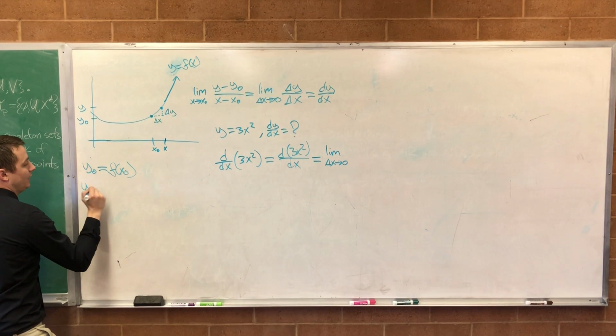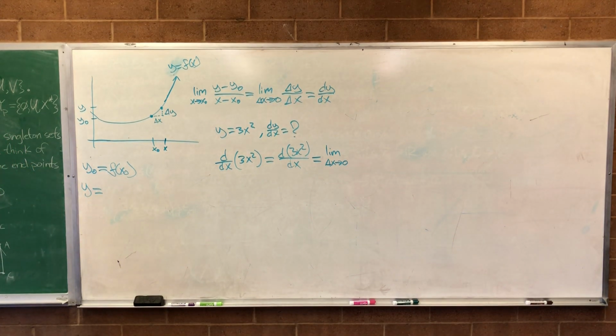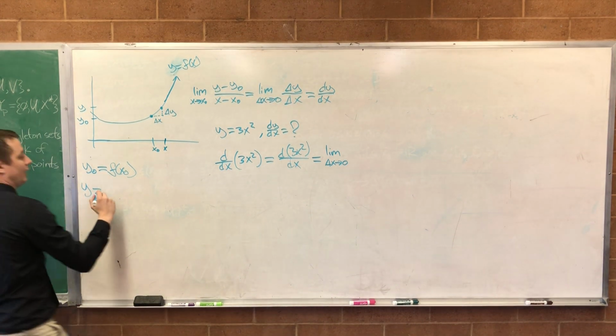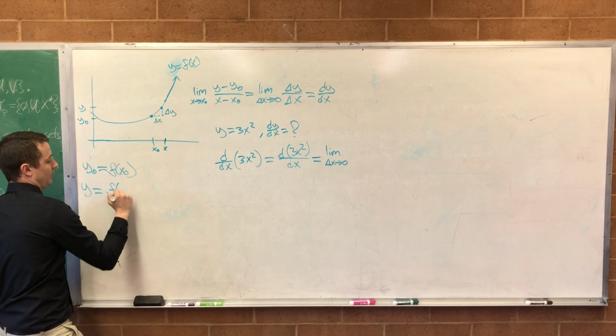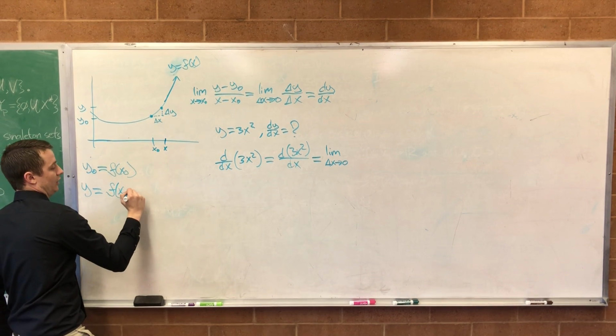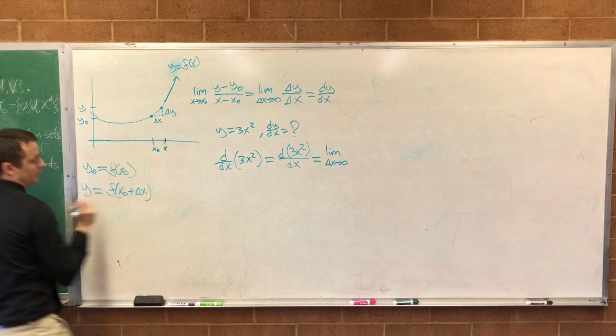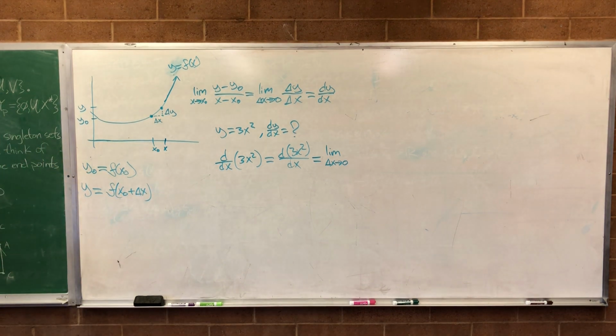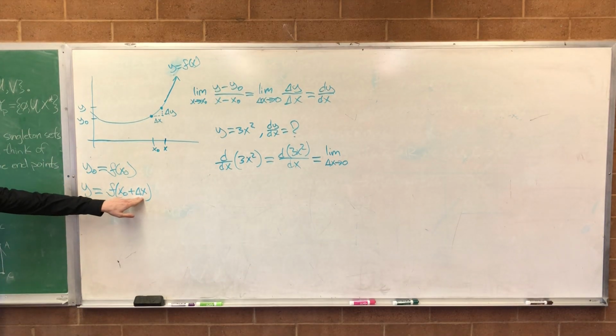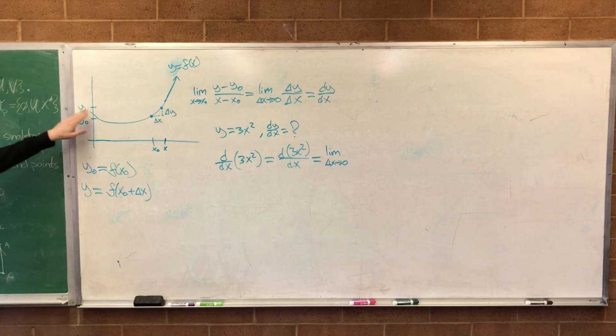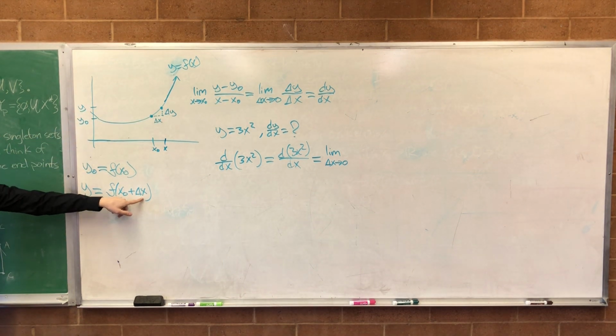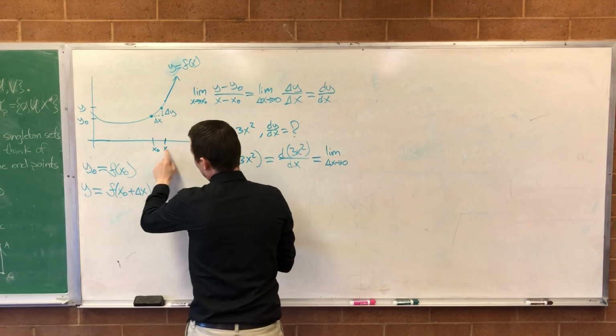But now y is equal to, we could say y is equal to f of x, but that's also going to be the same thing as f of x naught plus delta x, which is actually the way we think about it. Y is the value you get for x when you change it a little bit. It's just exactly what that y point is. That y is this. X naught plus delta x.